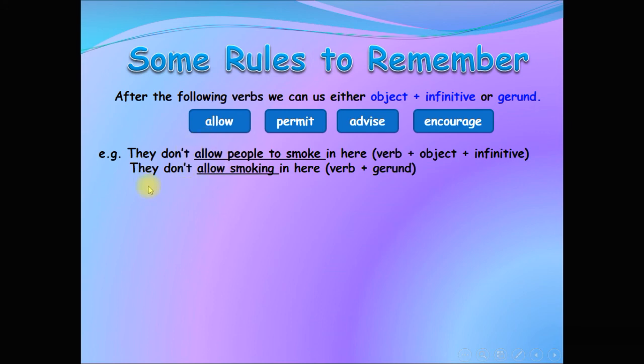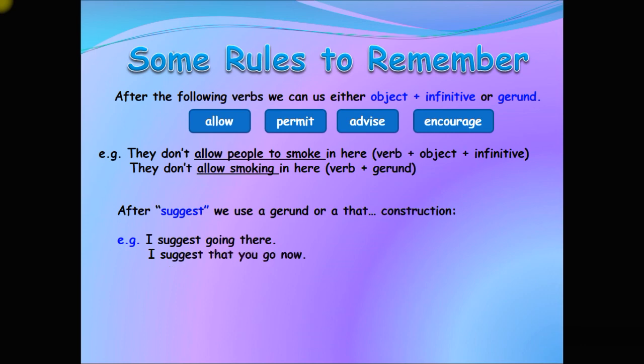So you can put the object before the to-infinitive, or you can put the gerund directly after the verb. After suggest, we use a gerund or a that-construction. I suggest going there, or I suggest that you go now. Okay, so you can use either this pattern or this pattern.